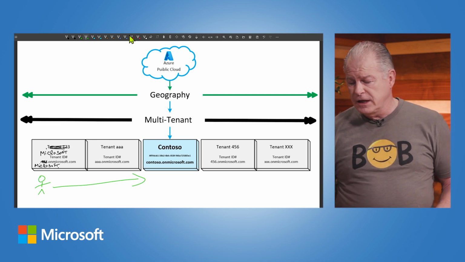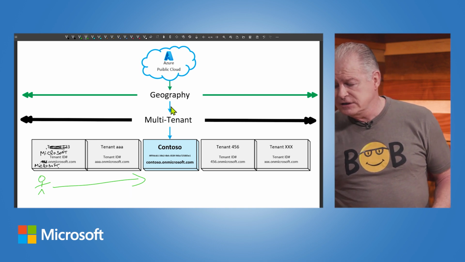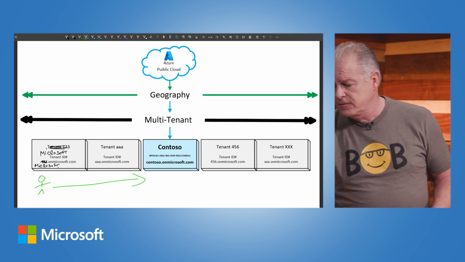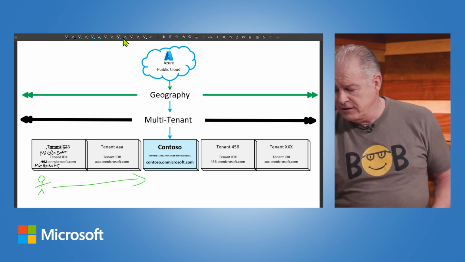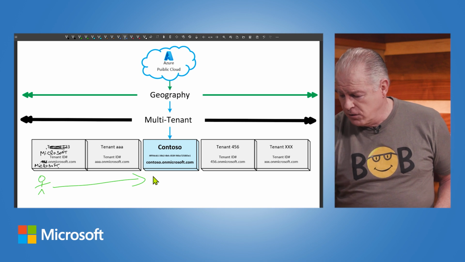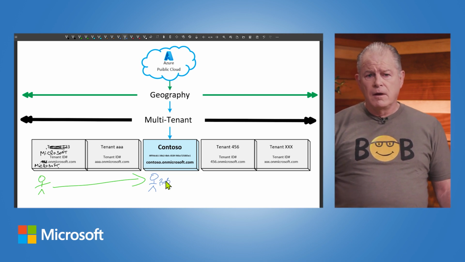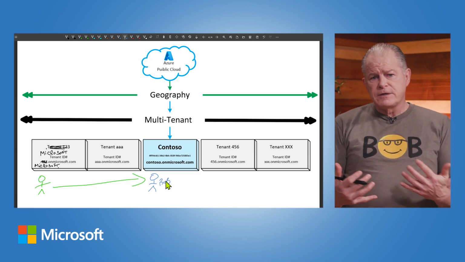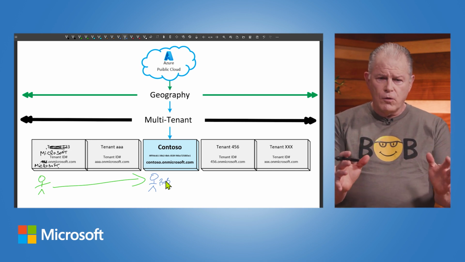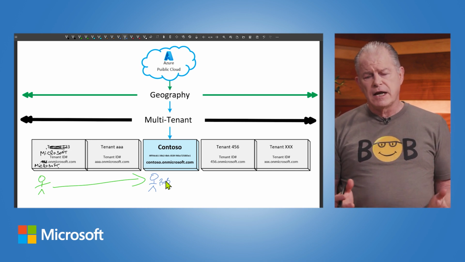And what you've probably done is you've provisioned inside of your tenant an identity for me. And so you have your representation of Bob at your company. Well, that's great for the week or the 2 weeks that I might be working at your organization. You control it. You can give me access to the resources that I need.